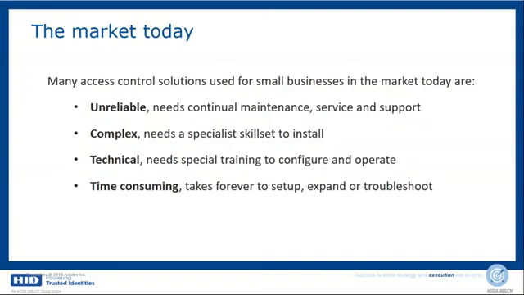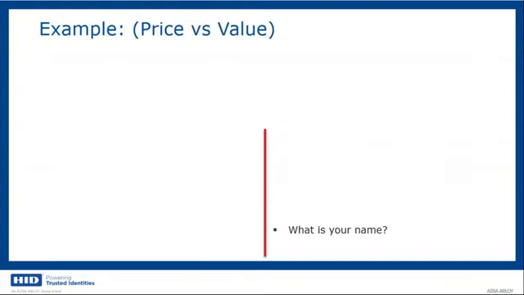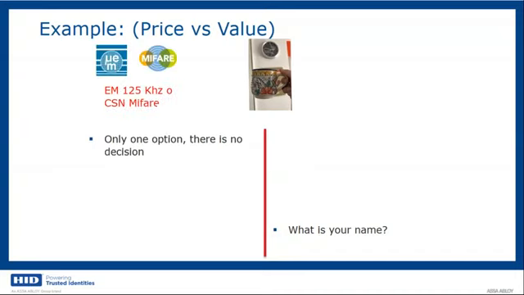Looking at all these situations that we have in the market today, here is one example that will explain what HID is trying to offer in our market. It will be really simple. When you're using old technology, or technology that is not really secure, you will only have one option, for example if you're using proxes.